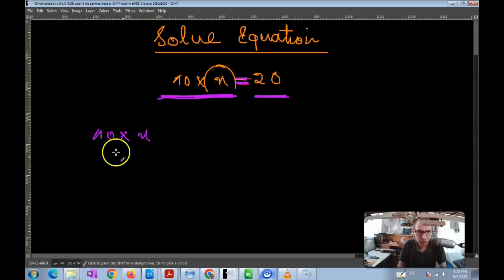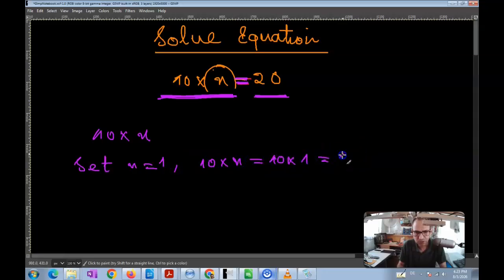Now if I try, for example, to set x equal to 1, then 10 times x is equal to 10 times 1, which is equal to 10. And so this is not the right value for x, because the value of this expression 10 times x is supposed to be equal to 20, and this is 10.